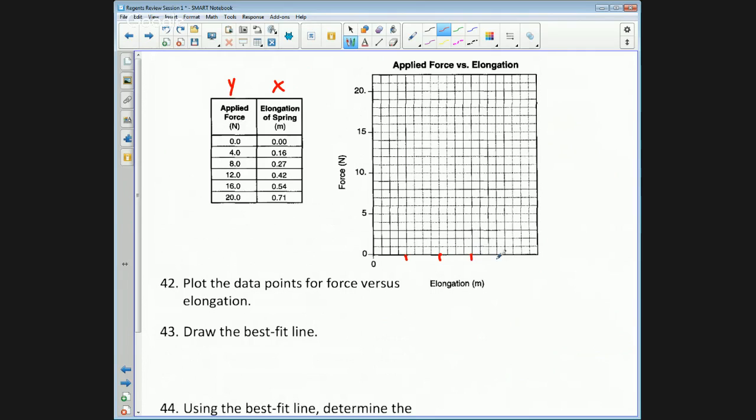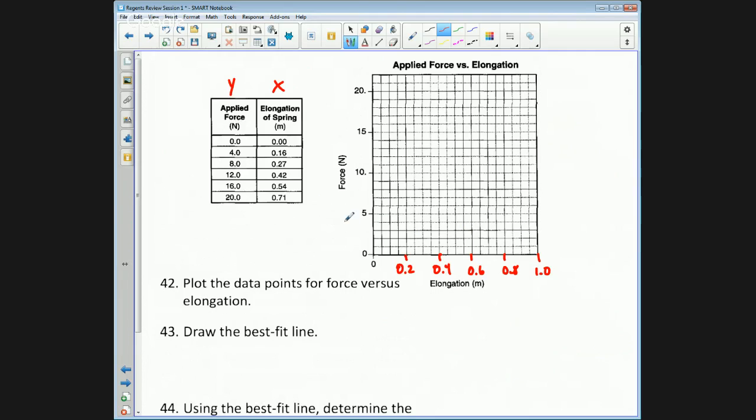Let me just quickly do this graph. So I'm going to do 0.2, 0.4, 0.6, 0.8, and this is going to be 1.0.